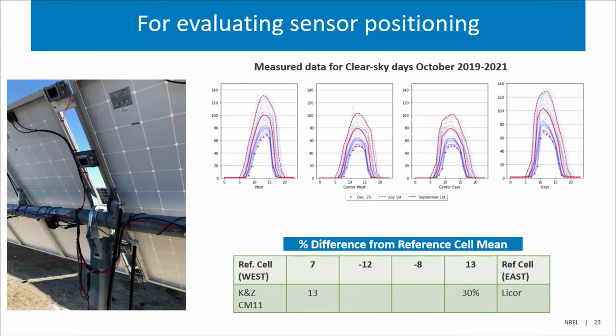Another useful use of ray tracing is evaluating sensor precision. So in industry, you have your big field, and you want to make sure that it's producing what it's supposed to. You put your irradiance sensors, typically pyranometers, which are going to start drifting over time, or reference cells, which are silicon, so they match spectrally. And this is kind of west, center west, center east, right, for the tracker.